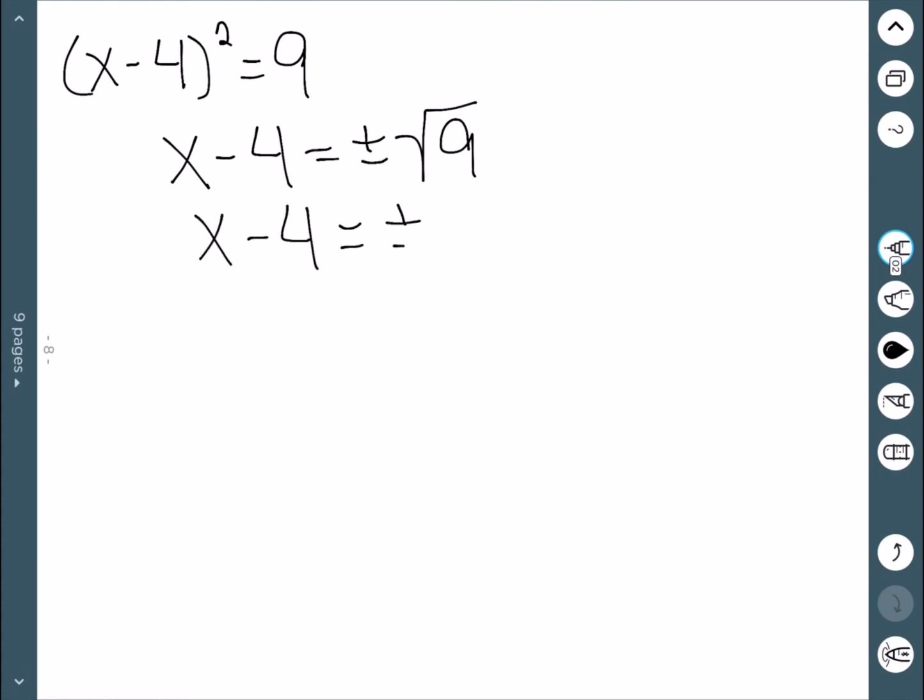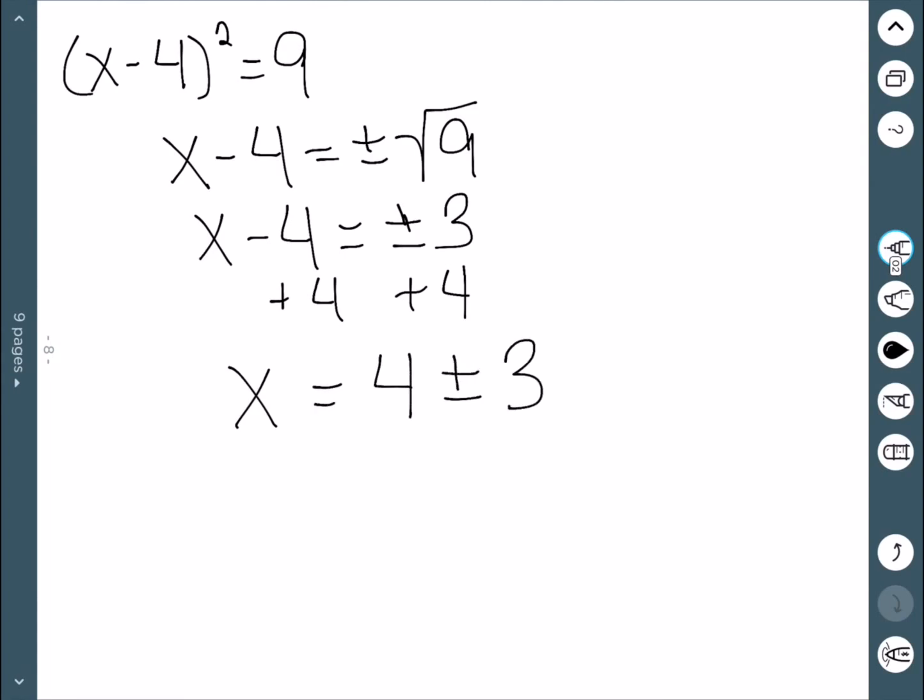It's 3. And then from there, I can add 4 to both sides to solve for x. I end up with x is equal to 4 plus or minus 3. 4 plus 3 is 7, and 4 minus 3 is 1. So my solution set is 7 and 1.